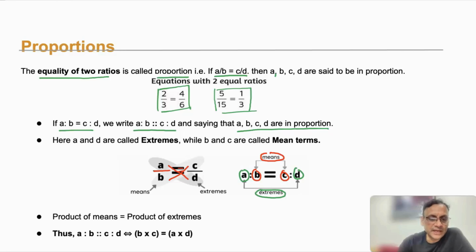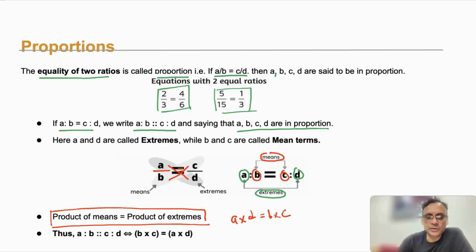So we say that the product of means is equal to the product of extremes in a proportion. If A is to B is as C is to D, then A into D is equal to B into C. Hope we are clear till here.